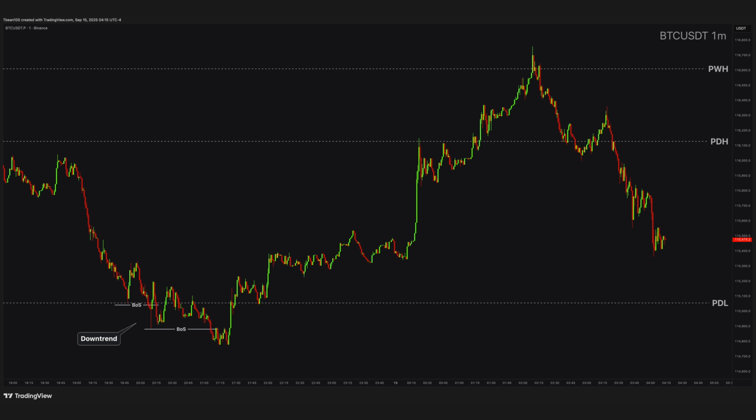If you take a look at the bottom left, you can clearly see that price was in a strong downtrend, pushing lower to take out the PDL, which stands for the previous day low, while continuing to make multiple break of structures.